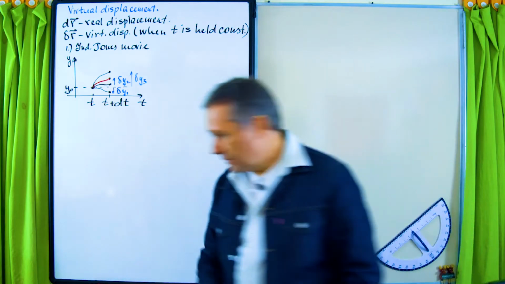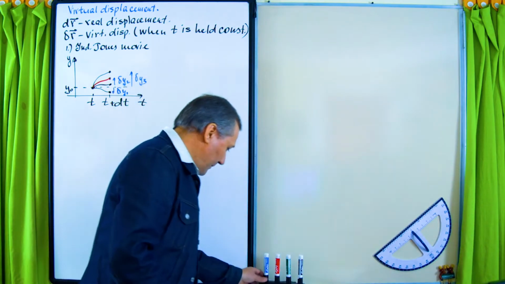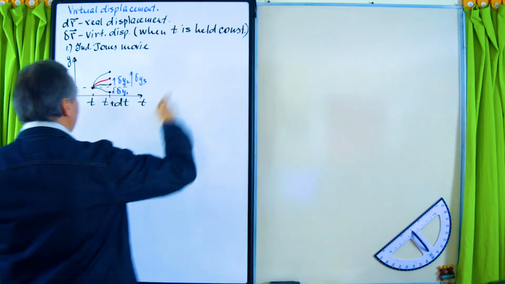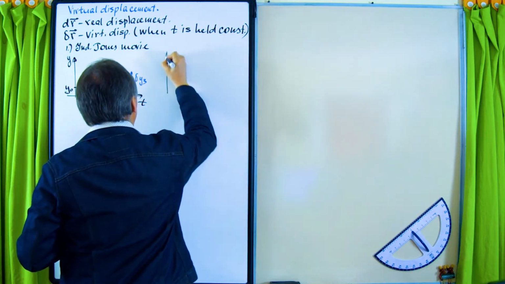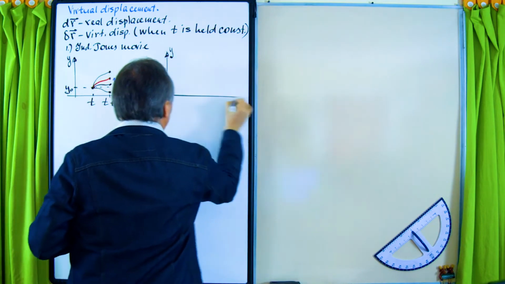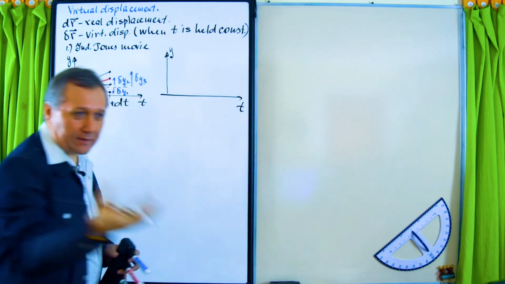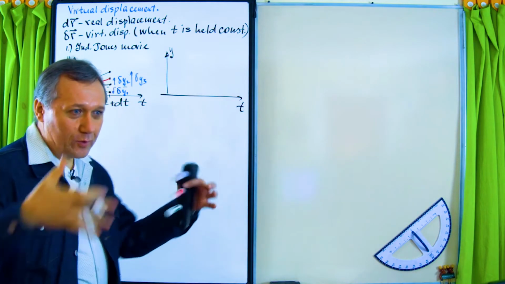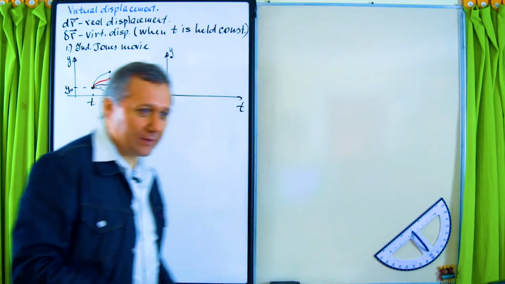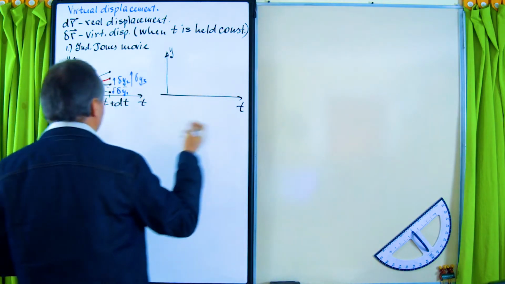So now I can add a different diagram. Let's say this is again y versus t, and it's like in the movie, two lifelines explaining two different possible realities if conditions are changing.